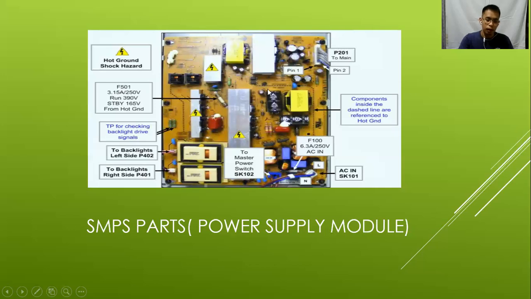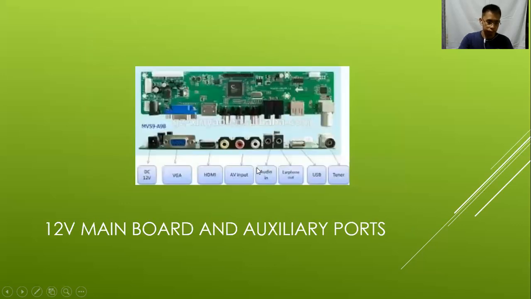And we also have here the high voltage or main filter capacitor. And we also have a 12-volt main board and auxiliary port. Some of the designs have a 12-volt power supply, some are 24 volts.